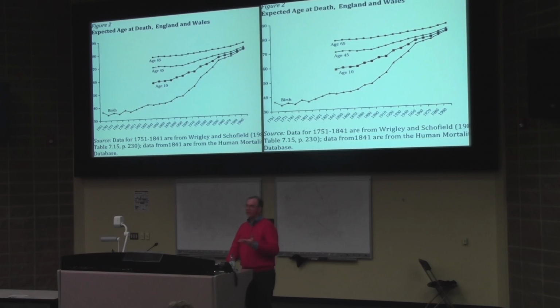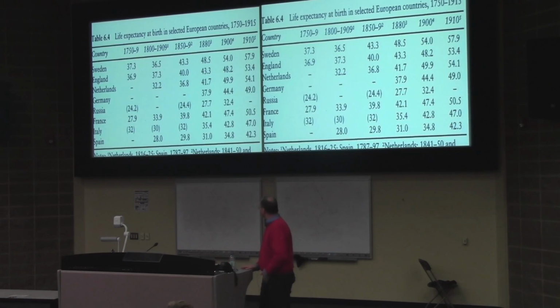Now that's British data. We happen to have good British data for the 19th century. Across Europe, not exactly the same benchmark years, but a similar story. You see the English data there. Sweden is interesting.